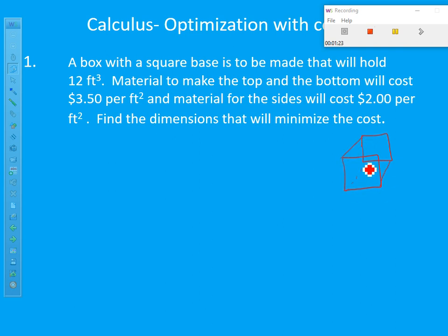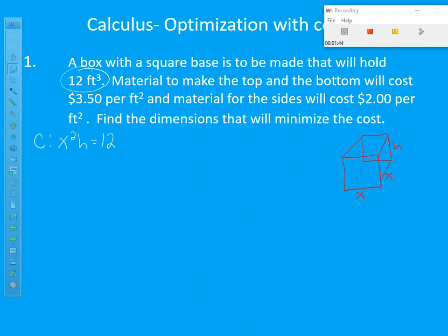Yours is probably prettier than mine. And I'm going to label it so that it has a square base and some height. Remember, you can't call that height x. Now, I know it's going to hold 12 cubic feet. So my constraint equation is going to be the volume of this box is equal to 12 cubic feet.